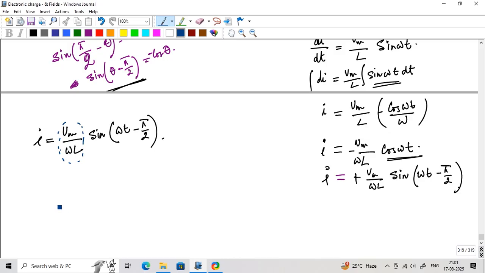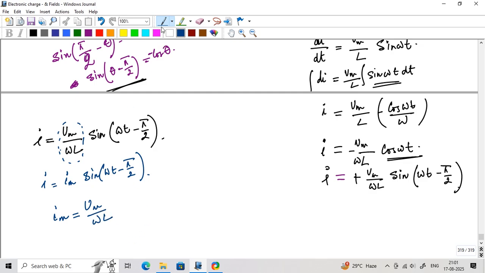Comparing with the previous expression, I equals Im sine (omega t minus pi by 2), so Im is equal to Vm by omega L.